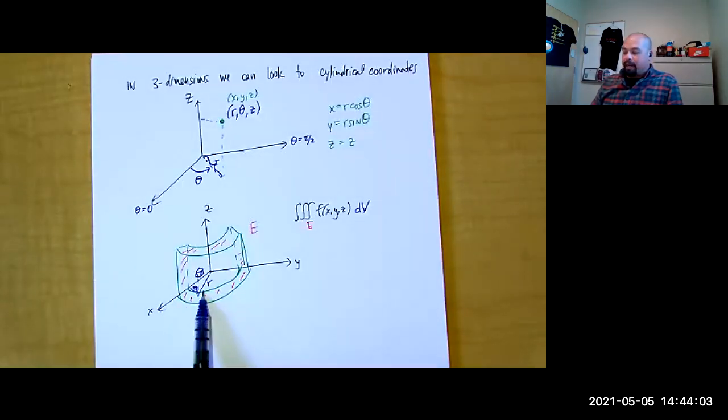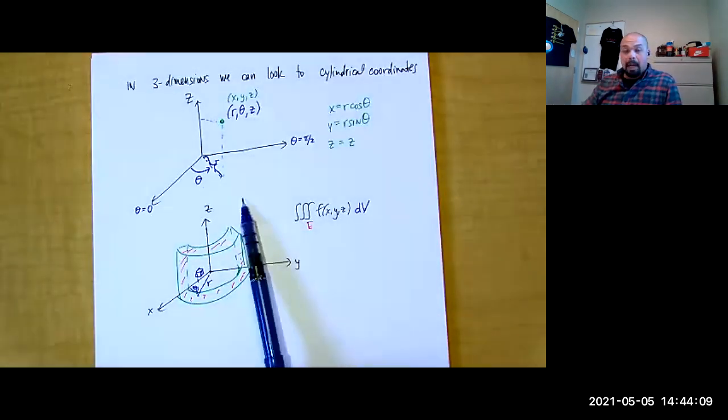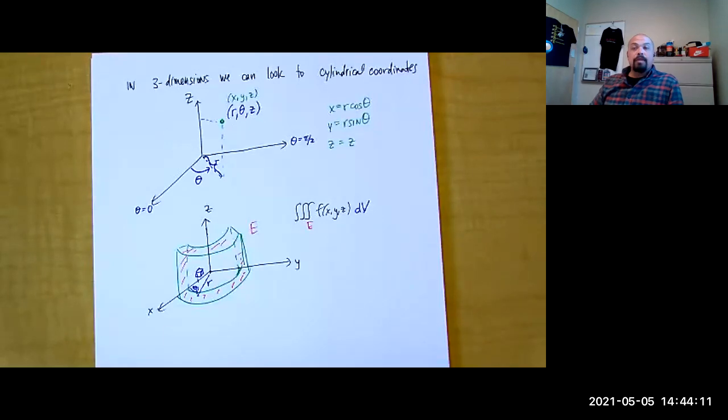I can go from the radius being 1 to 3 or whatever it might be, the theta going from 0 to pi over 2, 0 to pi. Those limits, those identifications are going to be much easier than having to deal with x, y, and z in these kind of curved formats, right?